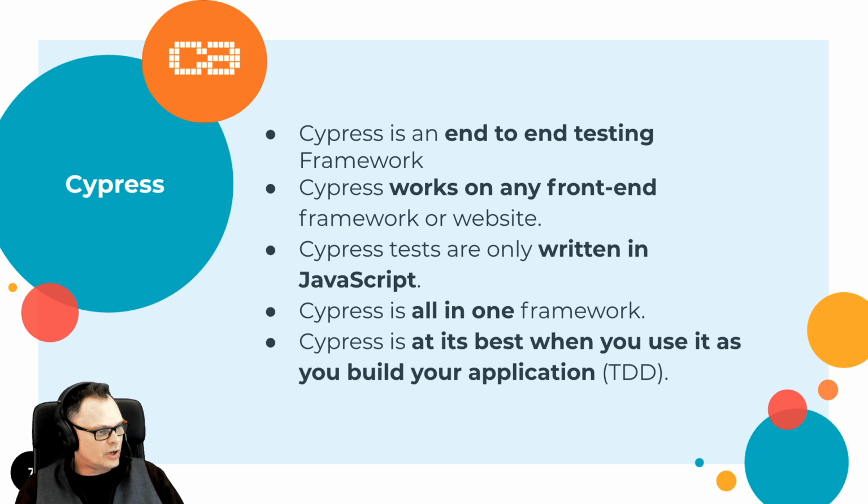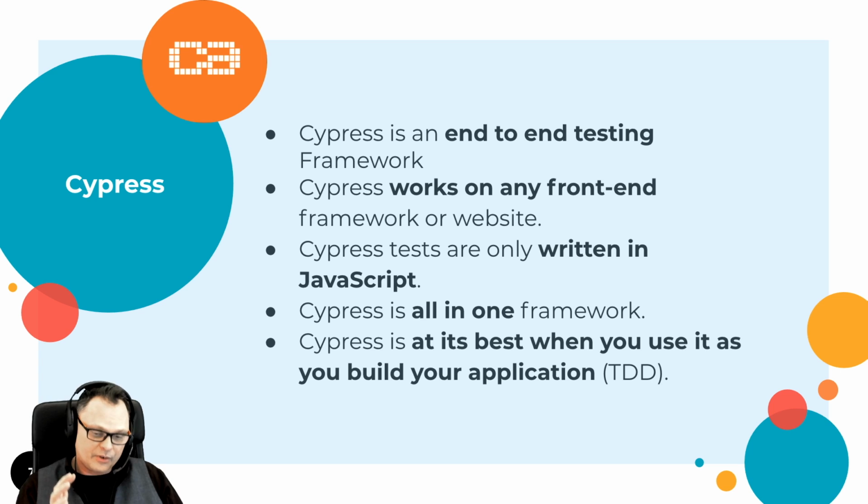Right, let's say that it's an all-in-one framework. You get everything you need in one single application, which is good. And as I mentioned before, it's very visual, which means that it is at its best when you use it during your development process as you build your application, which is the idea of test-driven development. Write your test, think about stuff, and then run the implementation.